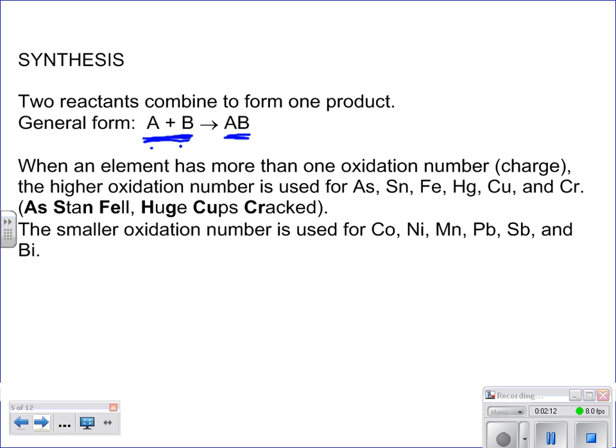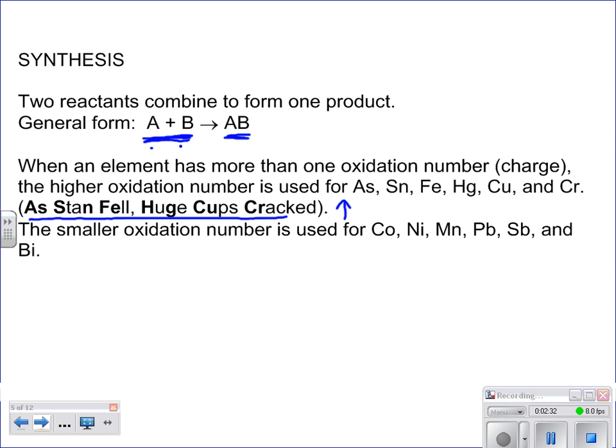And of course, we always have silly sayings for everything. And here's our silly saying: as Stan fell, huge cups cracked, which means if it is part of that sentence, and you've got this somewhere on that sheet that you have in front of you, if it's part of this sentence, you are going to use the higher charge.